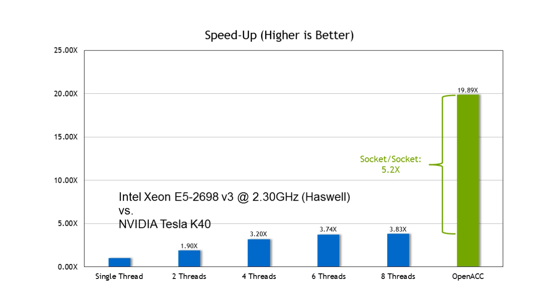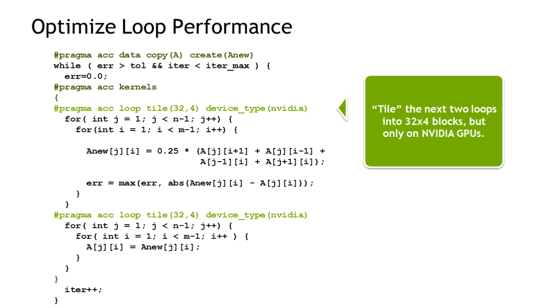Another question here is, when I've offloaded this code to the GPU, so let me pull up some code here to show, when I've offloaded these loops to the GPU, does it run asynchronously with the CPU? So as it is written here, what will happen is the CPU will synchronize at the closing curly brace of the kernels directive.